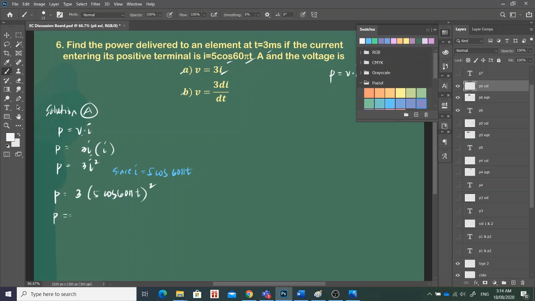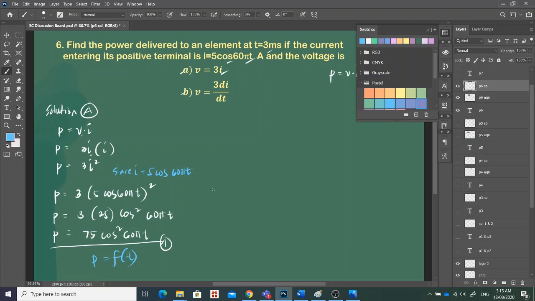So, P is equal to 3 times 25, tapos ito ay cosine squared 60 pi t. Yung na-squared is yung function mismo ng cosine. So, P is equal to 75 cosine squared 60 pi t. So, this is our equation 1. Mapapansin nyo, we have a power equation function of time.